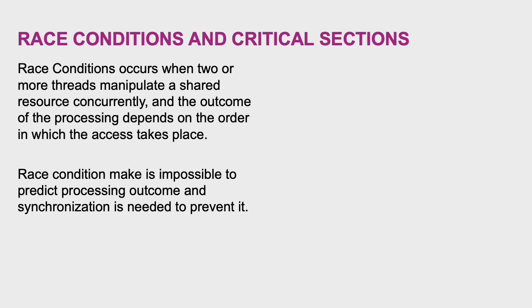Race conditions make it impossible to predict a priori the processing outcome, and this is a problem when you want to implement software. As a consequence, it's necessary to provide developers with synchronization mechanisms in order to prevent results that are difficult to predict.